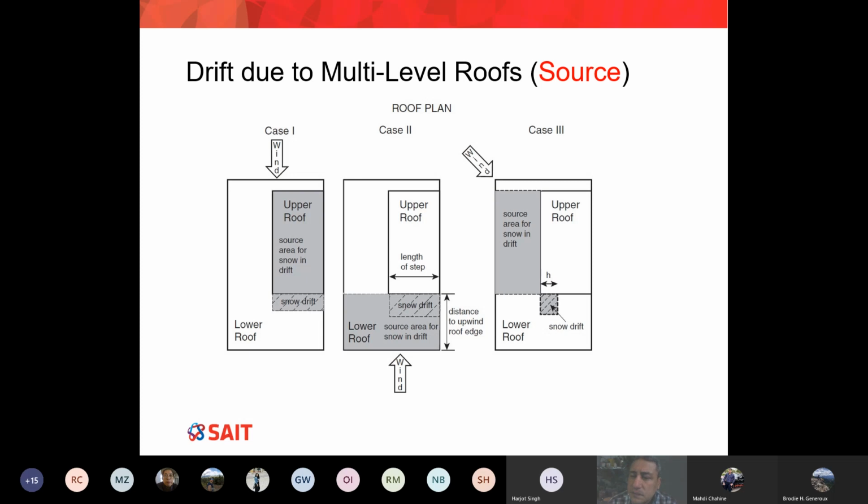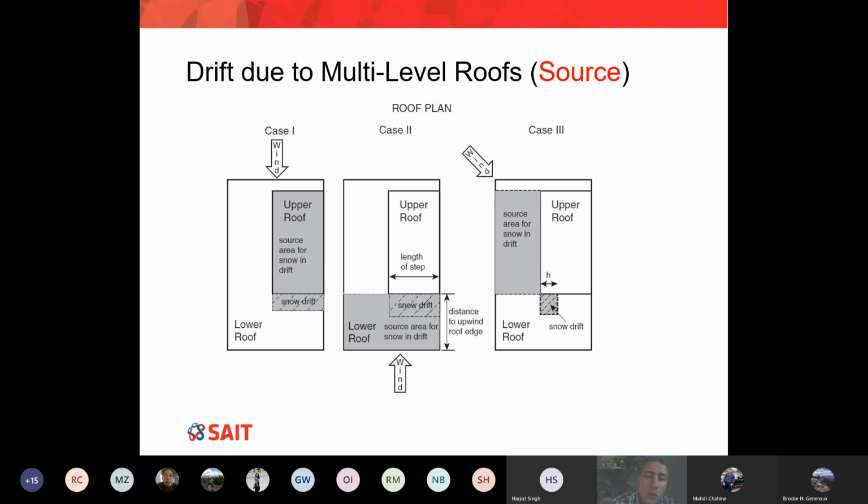Broji, do you have a question? Yeah, I'm just looking at case 1 there with the wind. Why wouldn't the snowdrift be on the top side of the upper roof? Assuming that's a similar corner. Your question is why the drift is not on the wind side of the upper roof? Because the wind is blowing, it will be on the leeward side of the building.